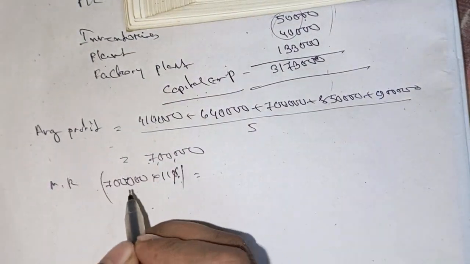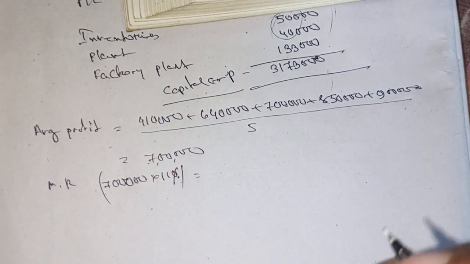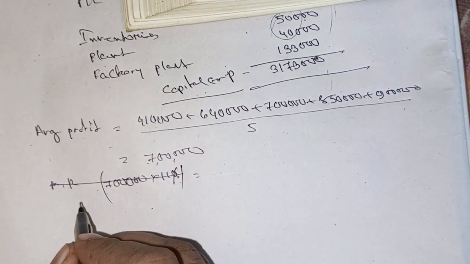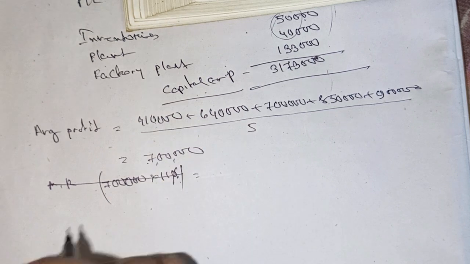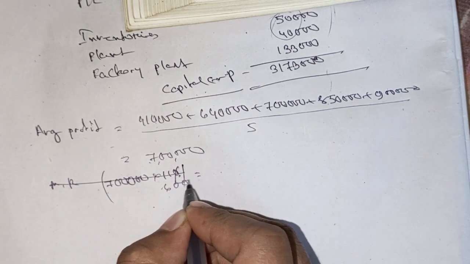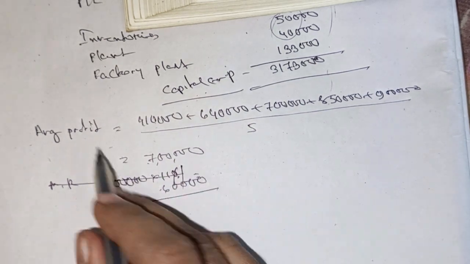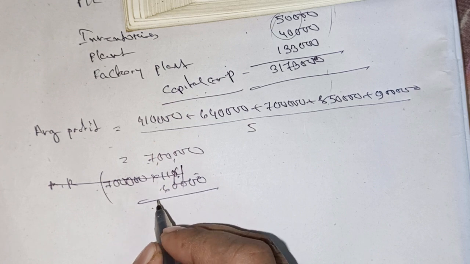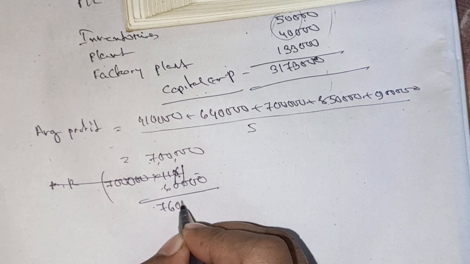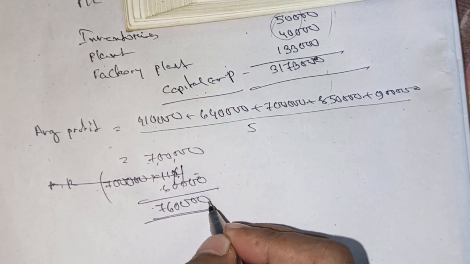Our average profit is this much, and the manager took 60,000 each year. If I add back the managerial remuneration of 60,000 to the average profit, our actual average profit will be 7 lakh 60,000.